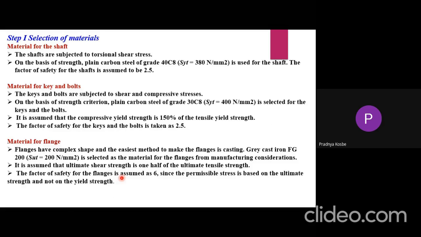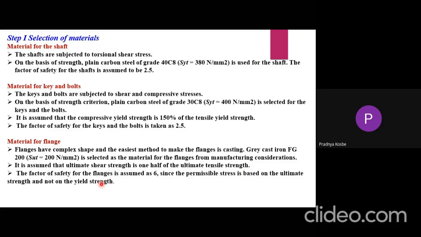As cast iron is a brittle material, it will possess ultimate tensile strength, no yield strength. So here a grey cast iron Fg 200 with ultimate tensile strength of 200 Newton per mm square is selected as the material for the flange from manufacturing consideration, and it is assumed that ultimate shear strength is half of the ultimate tensile strength.